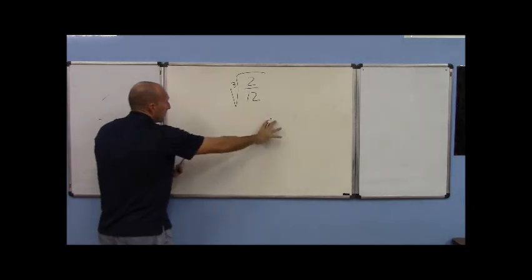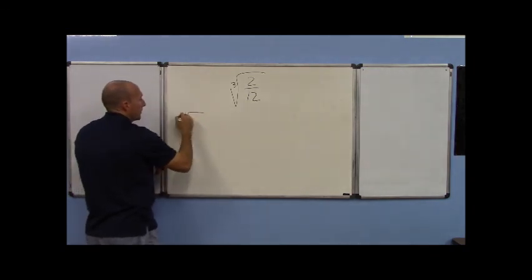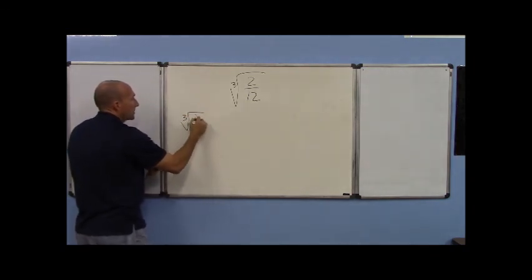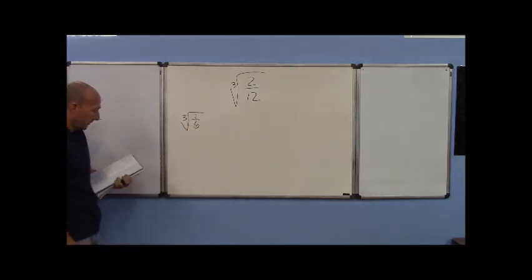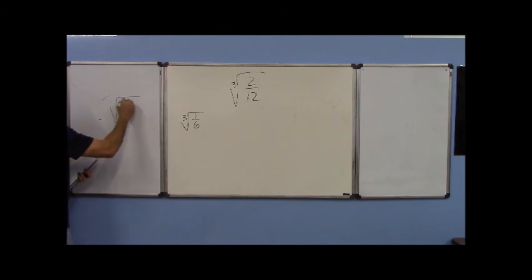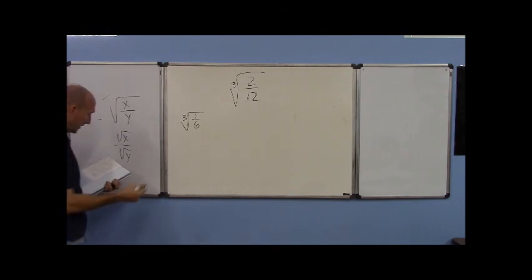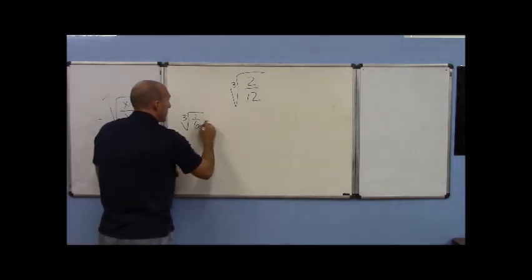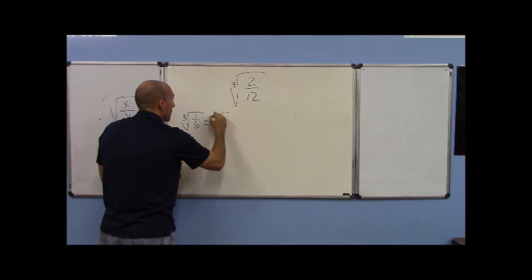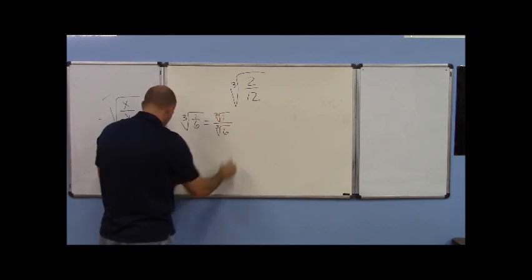We have the cube root of 1 over 6. Just like before, if you have the square root of x over y, it can be the square root of x over the square root of y. We're going to do the same thing. Now we have the cube root of 1 over the cube root of 6.